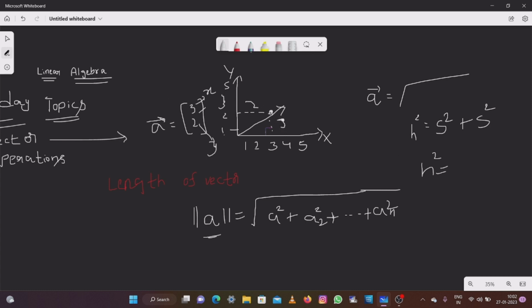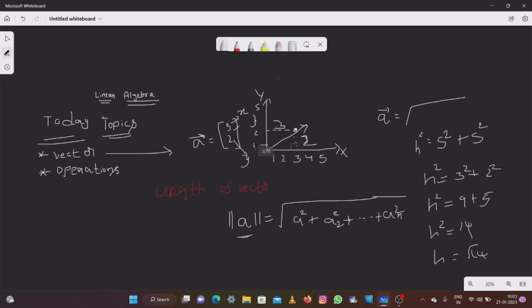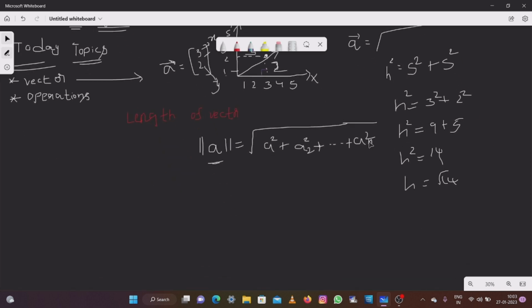So h square equals 3 square plus 2 square, 9 plus 4, so h square equals 13 and h equals root 13. What is the value of root 13? Approximately, h equals 3 point something.